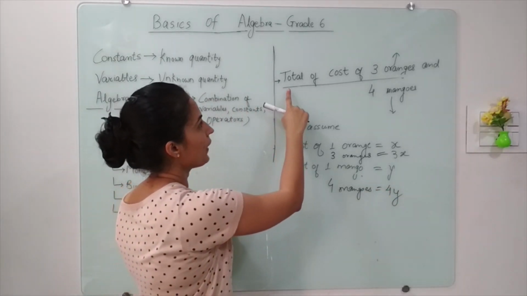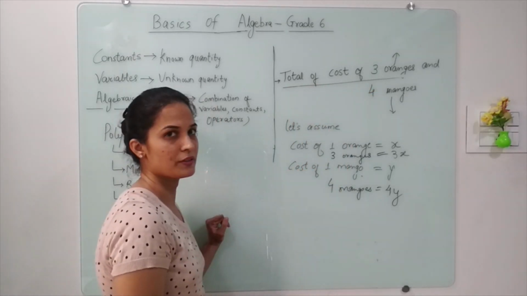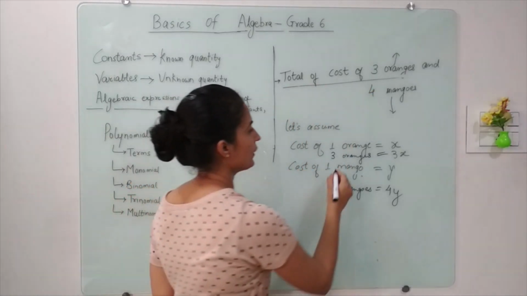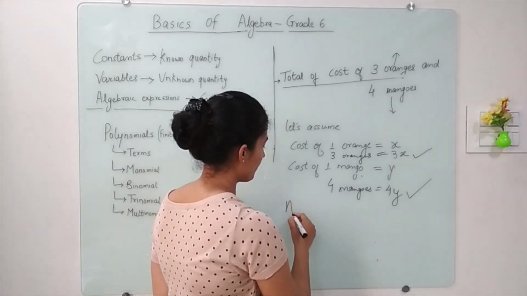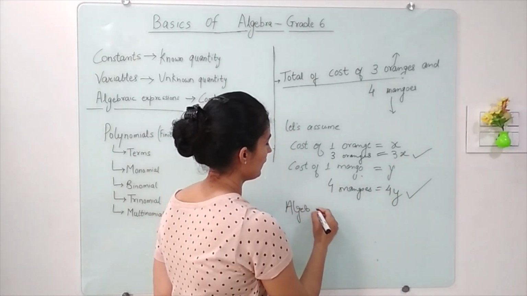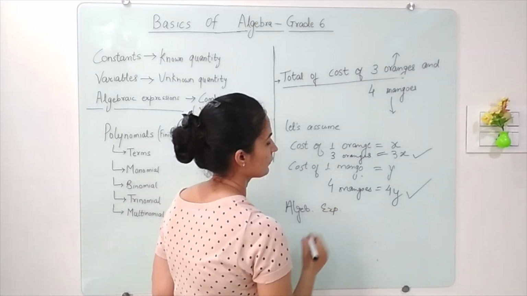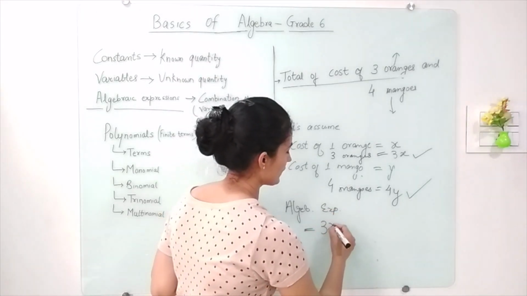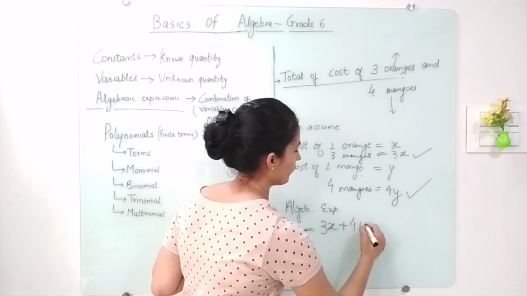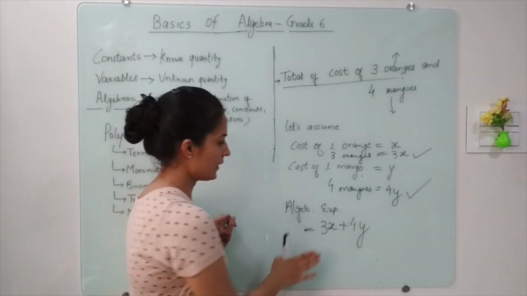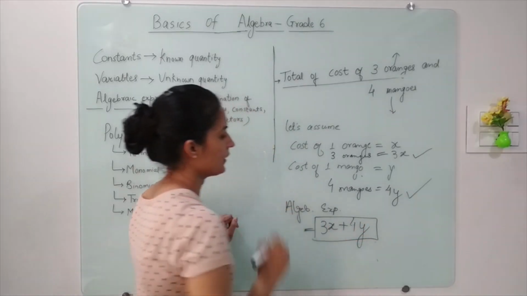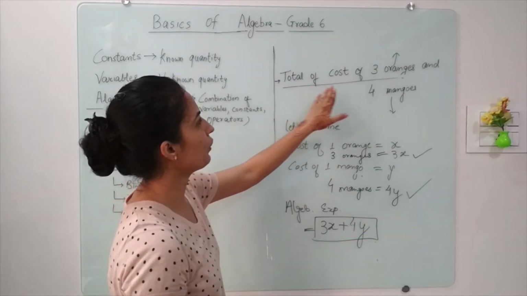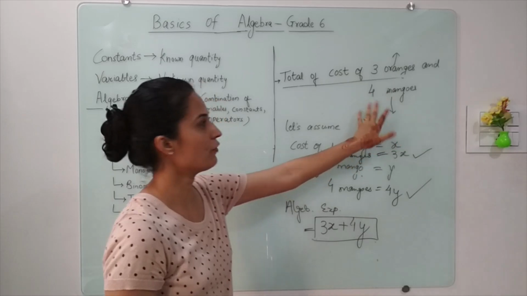Now I have to find the total of cost of this. So that means the total of this and this. The algebraic expression will be 3x plus 4y. This particular expression is representing the total of cost of 3 oranges and 4 mangoes.